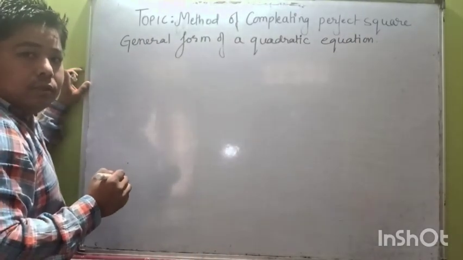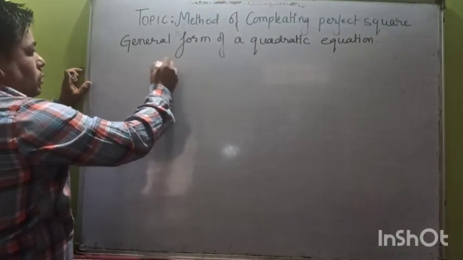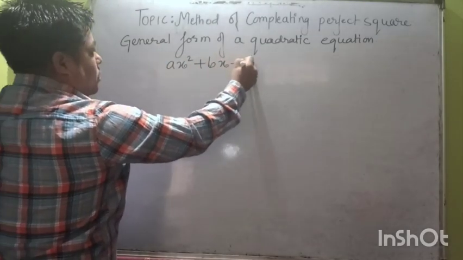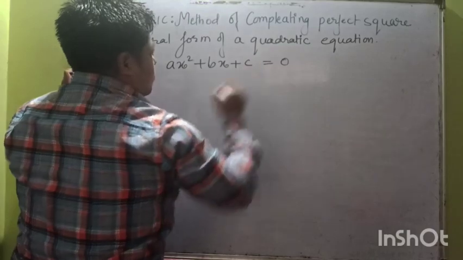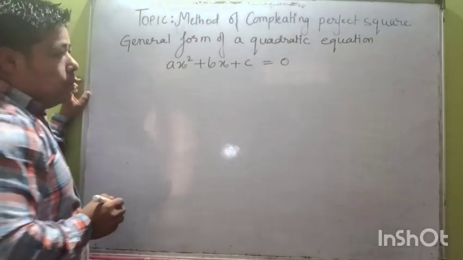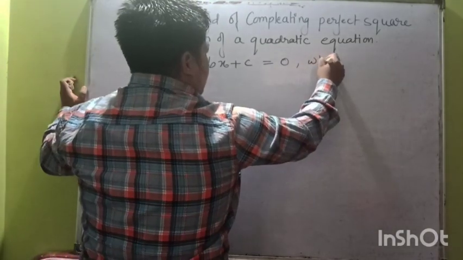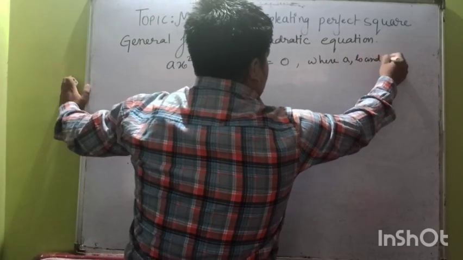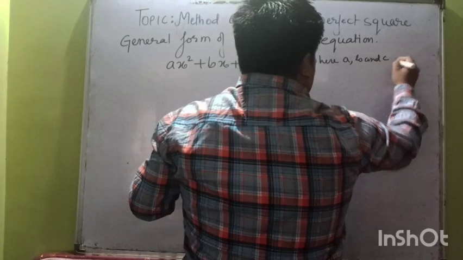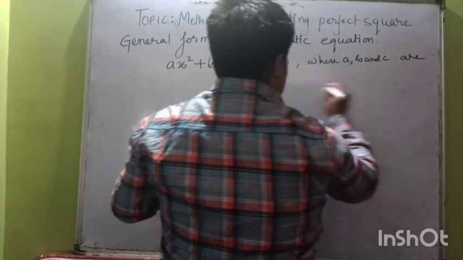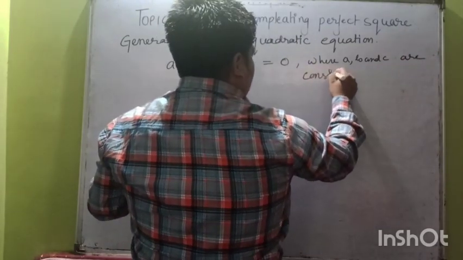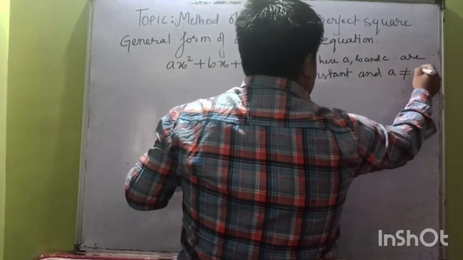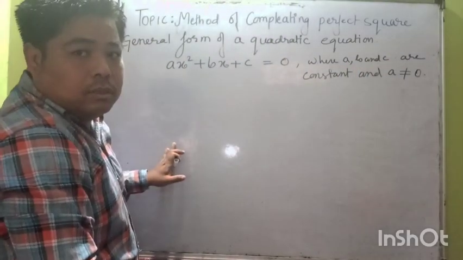We know that the general form of a quadratic equation is ax square plus bx plus c equals 0, where a, b and c are constants and a does not equal 0.